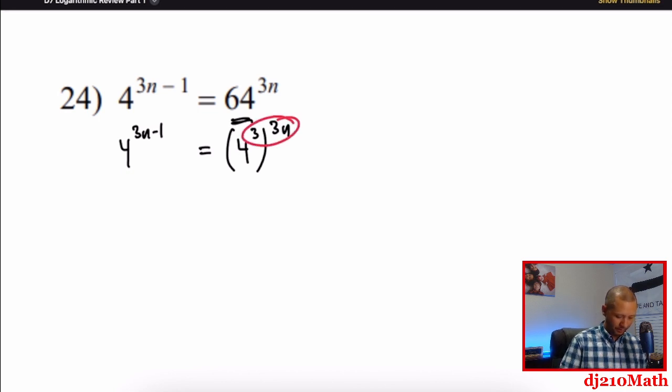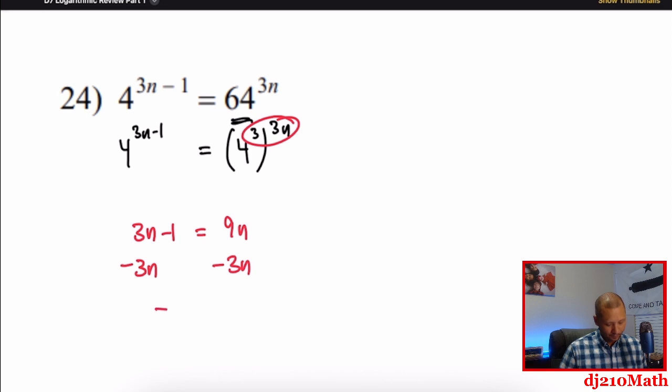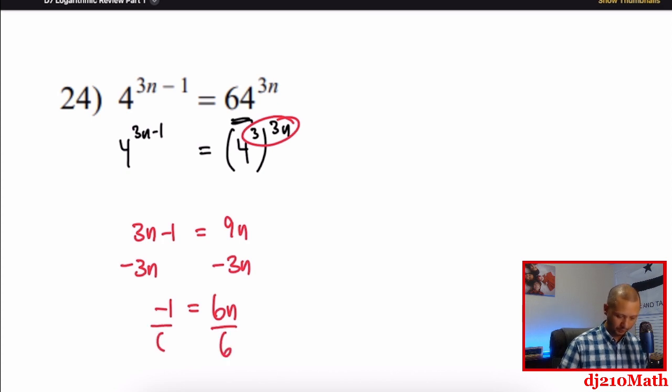So this is going to be 3n minus 1, 9n. All right, negative 1 is equal to 6n. So n is equal to negative 1/6.